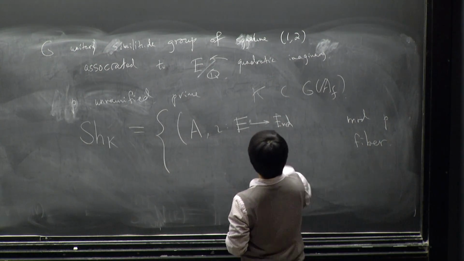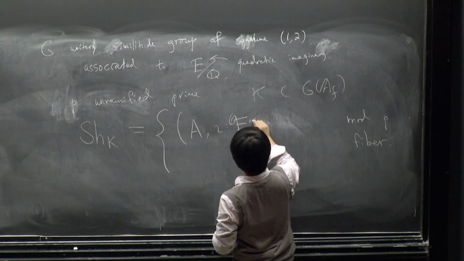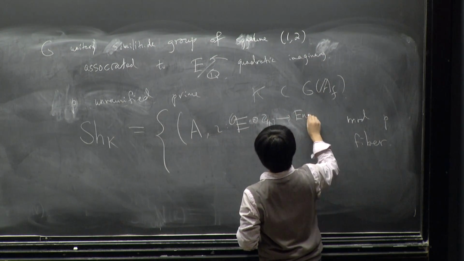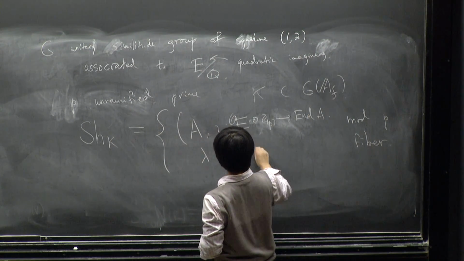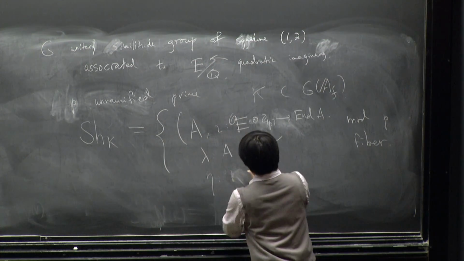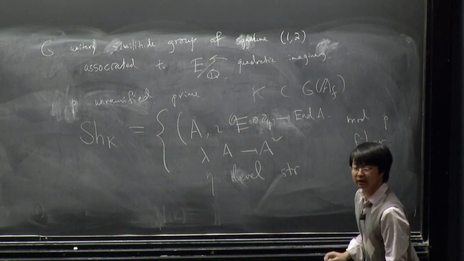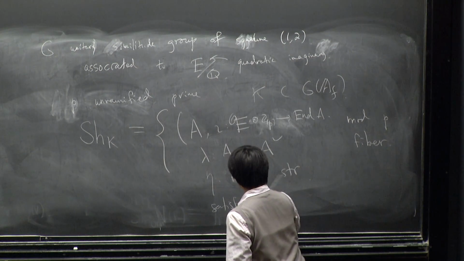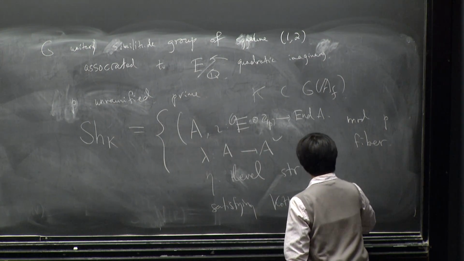In this case, because I consider the mod p fiber, I think I should do this: plus some principal polarization and some level structure, satisfying Kottwitz's signature condition.